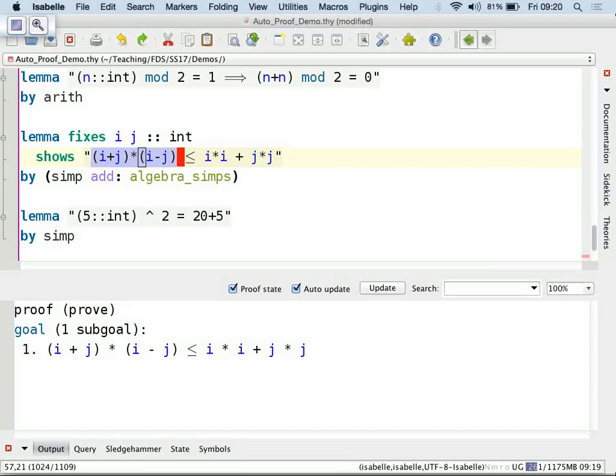And the other two expressions cancel out. So it is really the case. It's not a very deep theorem, but it's one. And if you of course try to prove something like this, it'll probably just get stuck.